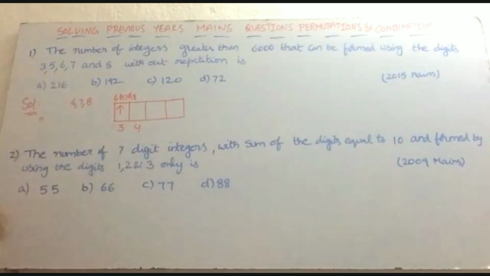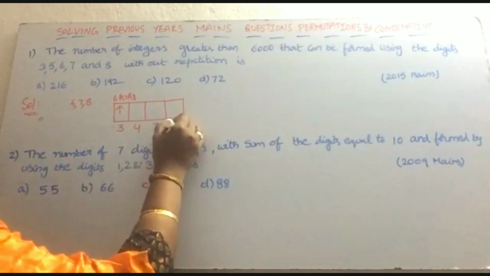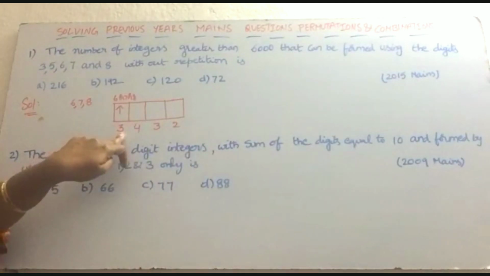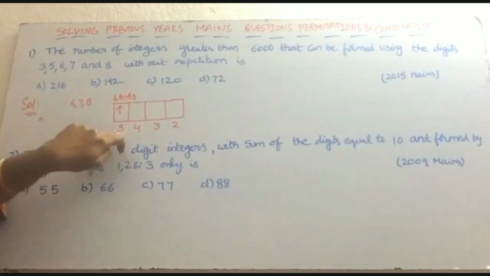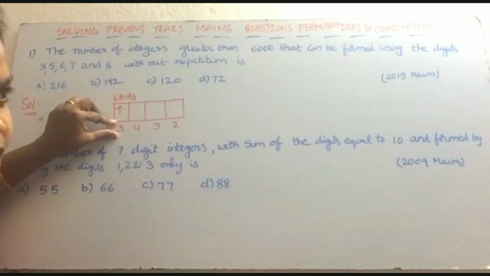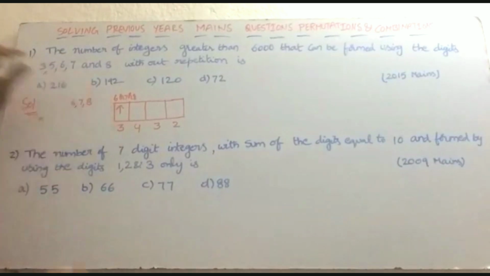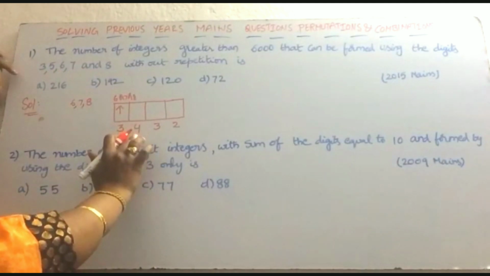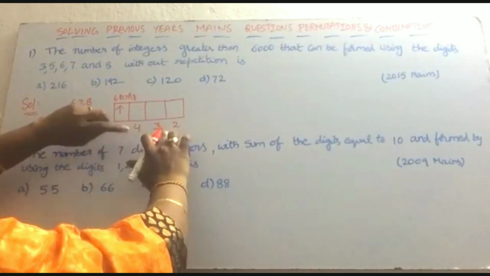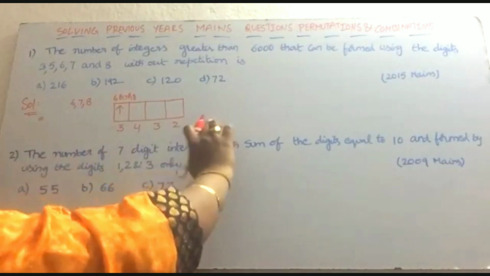So the first place has 3 ways, then 4, then 3, then 2.